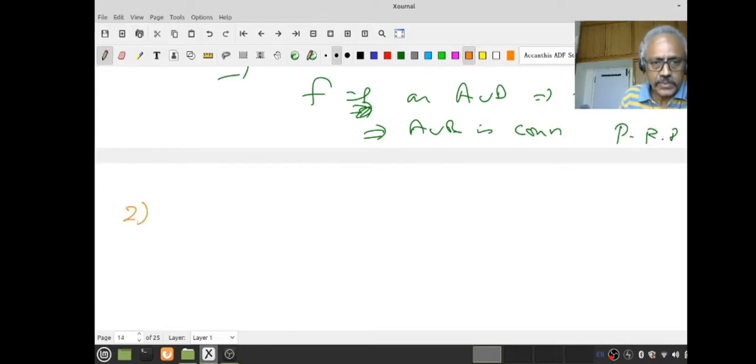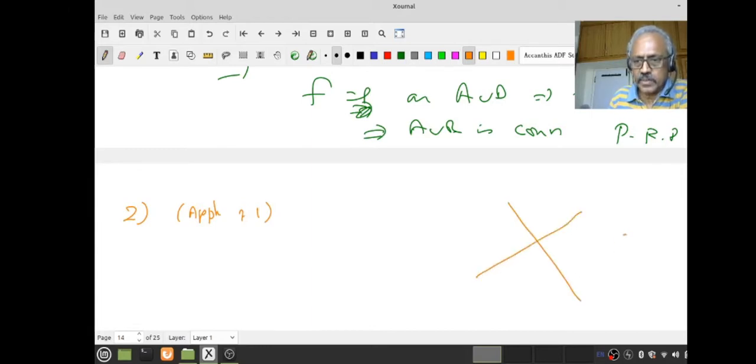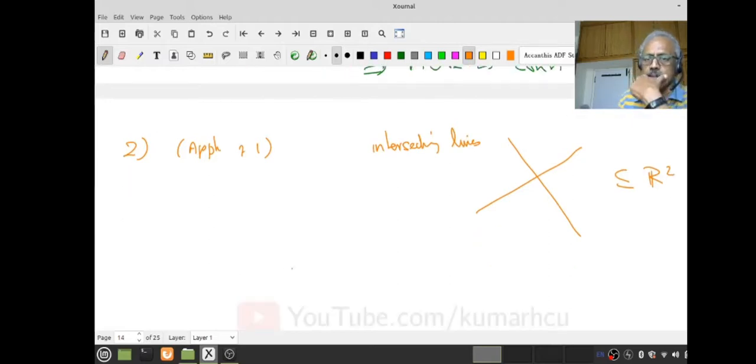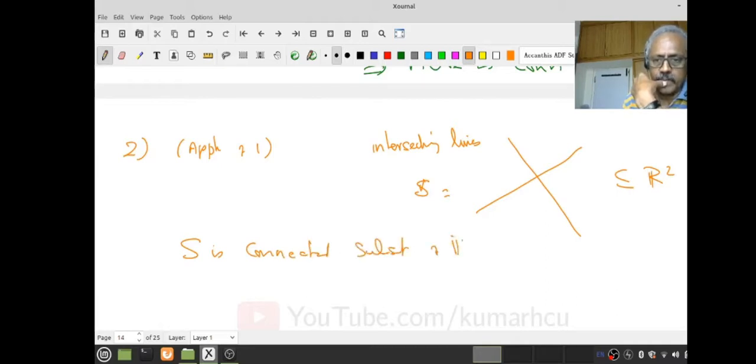Application 2 is actually an application of 1 also. In the last lecture, do you remember, if I take two intersecting lines in R2, call this set S, S is a connected subset of R2. Why?